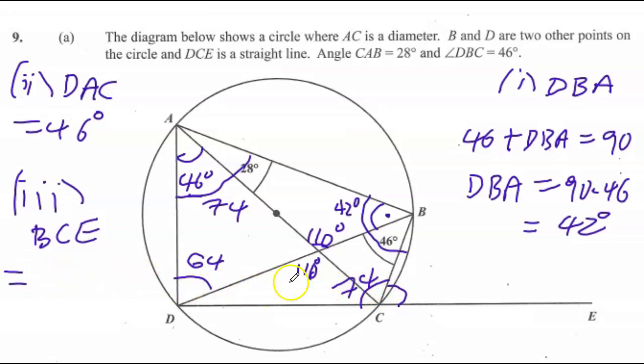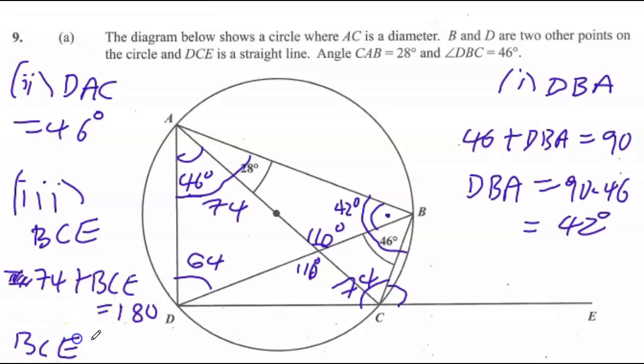So all of this angle, 74, plus BCE should be equal to 180 degrees. If I subtract 74 from both sides, BCE will be 180 minus 74, which is 106 degrees.